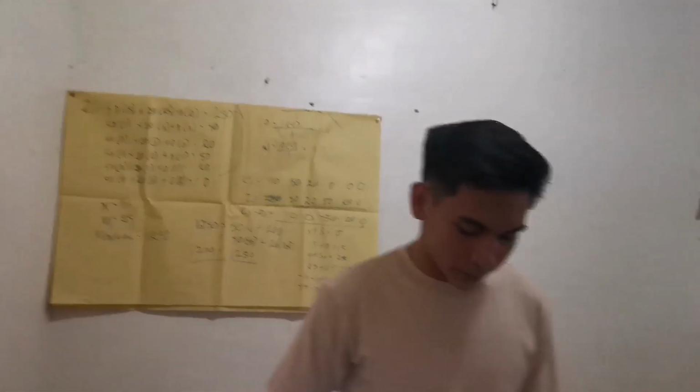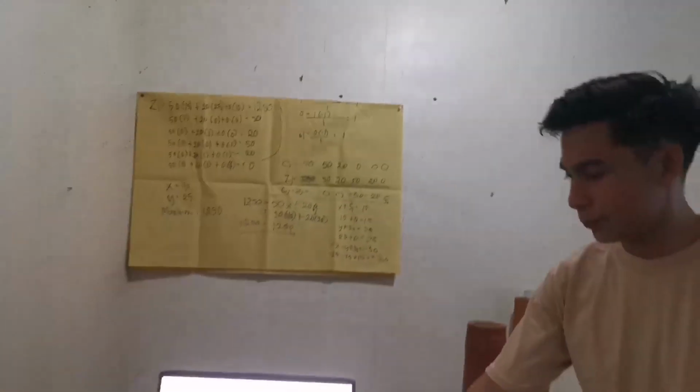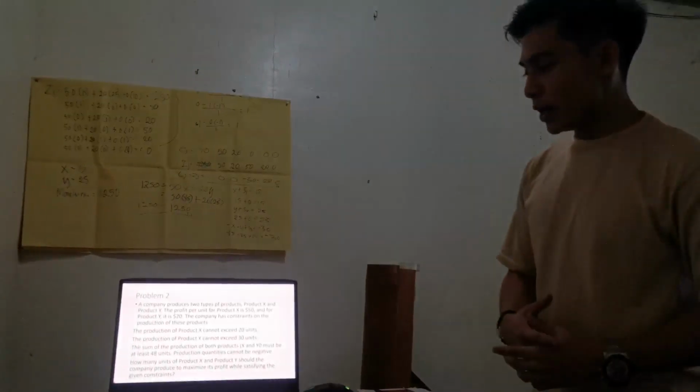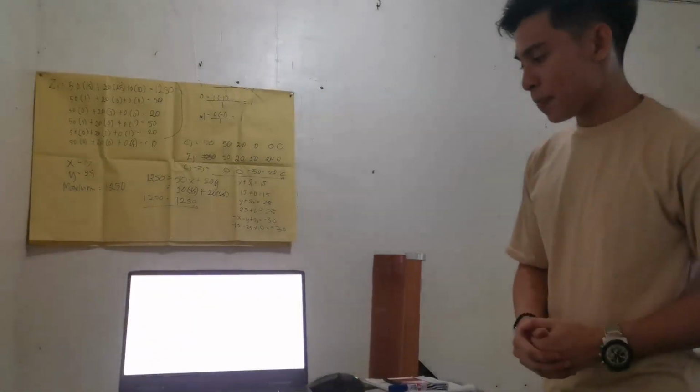So, let's move on to the next problem. Problem 2. A company produces two types of products, product X and product Y. The profit per unit for product X is $50, and for product Y, it is $20. The company has constraints on the production of these products.